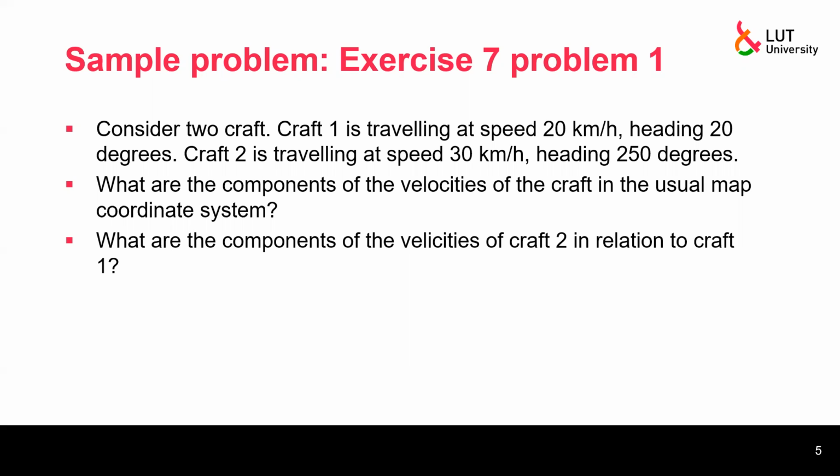But you probably, in an exercise for praise, at least you would need to define your coordinate axis. We assume that okay, I have a typo there. What are the velocity components of craft 2 in relation to craft 1?